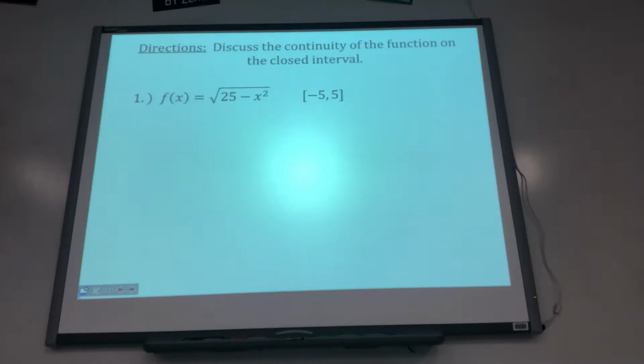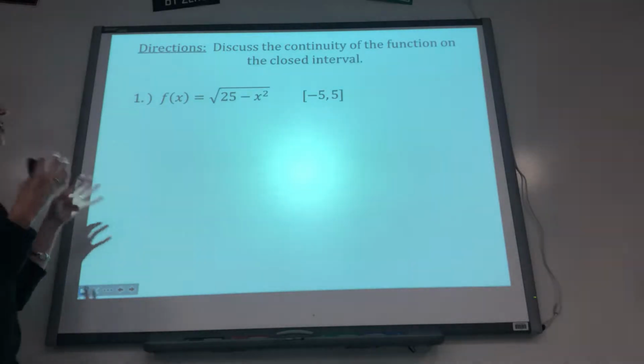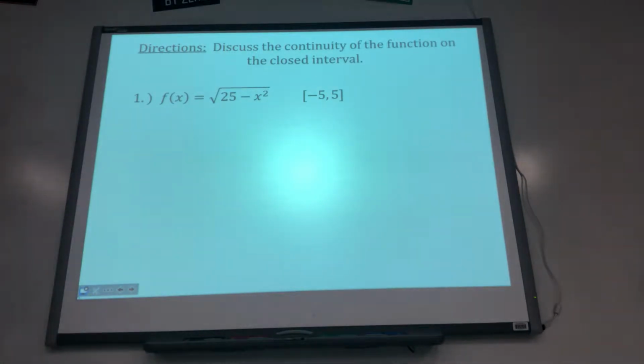Okay, so this is example 1. You have your function f of x equals square root of 25 minus x squared. And the closed interval is from -5 to 5.